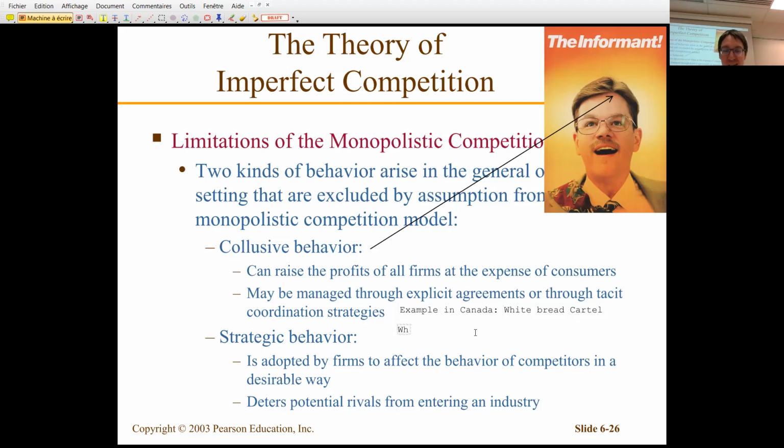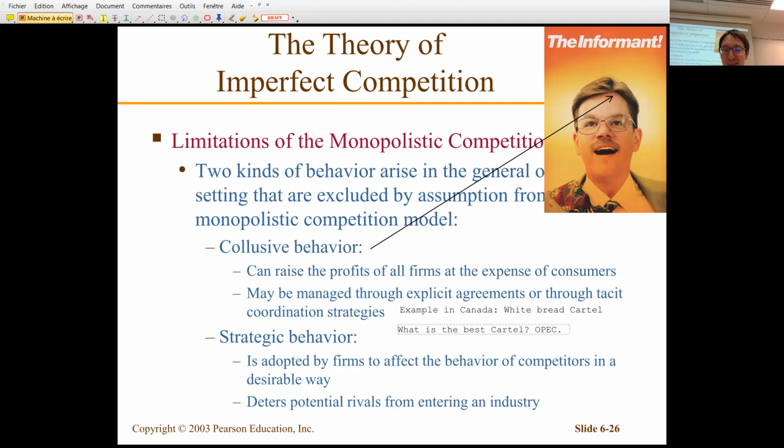So question, what is the best cartel? Did I ask you this question before? No? What is the best cartel? There is an objective answer. It's not easy to think about it, but yeah, in my opinion, it's OPEC. Why?